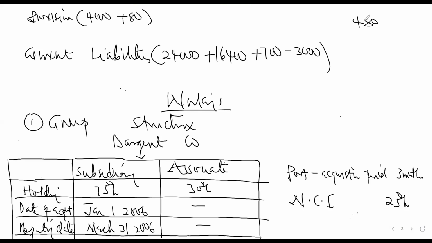The provision 4080, because the 4,000 we carried. So that will be 4080. Okay. So 24,000 plus 16,400 plus almost 2,200. Current liability 38,100. Okay.